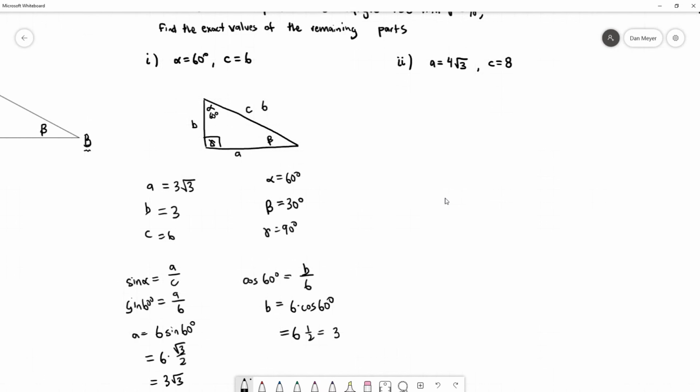Looking at part 2, we have a couple of sides that we know. Let's just go ahead and say this side is 4 root 3, which I guess would make that angle alpha. This side's always, or that angle's always gamma, so this side's always C, which is 8.